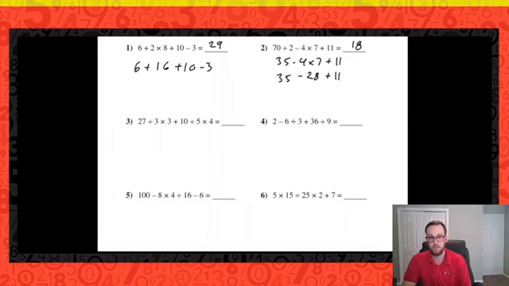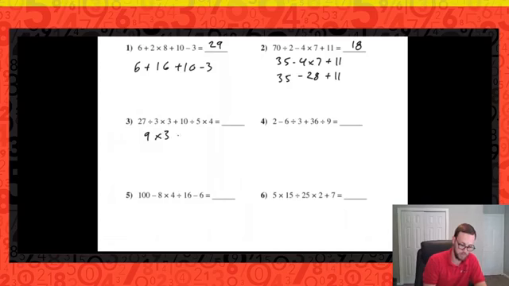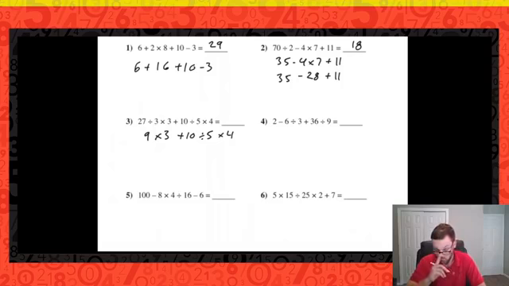All right, let's do number 3. 27 divided by 3 is 9. Times 3 plus 10 divided by 5 times 4. So we've got a lot going on here. So we're going to continue to work left to right on our multiplication or division. So 9 times 3 is 27.